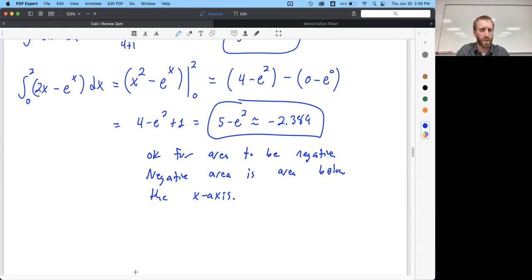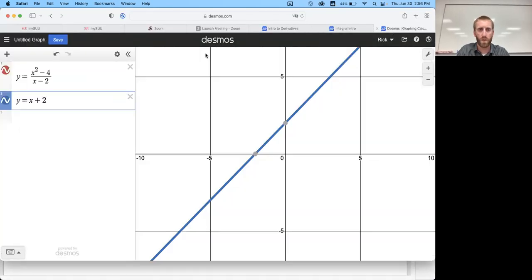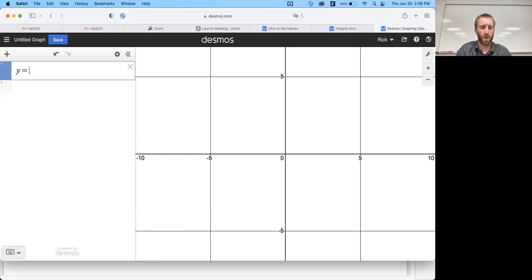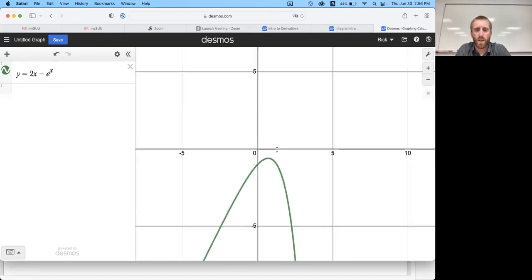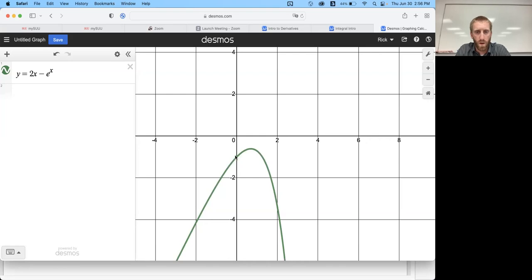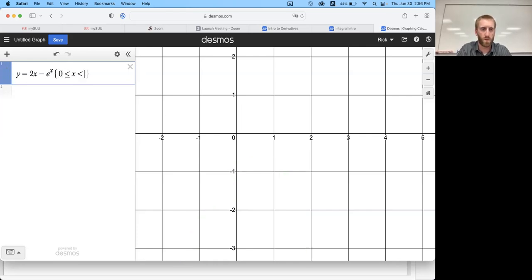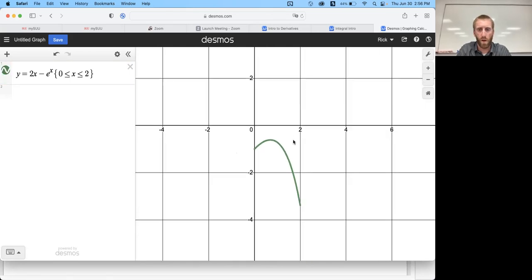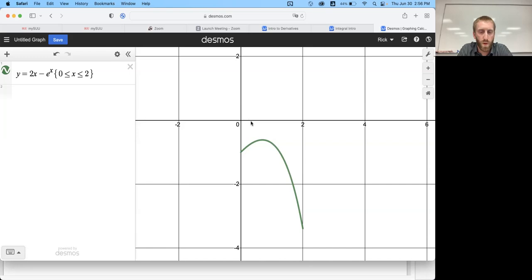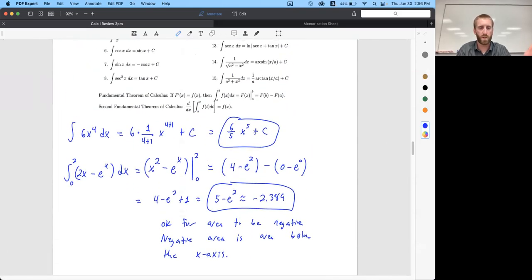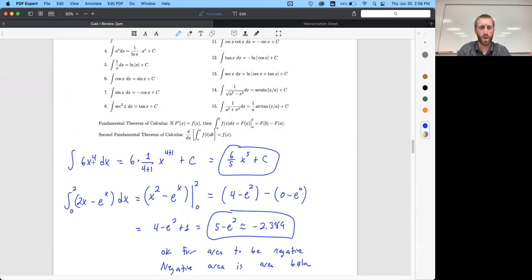So if I plot that, y equals 2x minus e to the x, you can see that it's all below the x-axis. So we found the area between 0 and 2. We basically found this area between the x-axis and this curve. And it's all below, so it's all going to be negative. There we go.